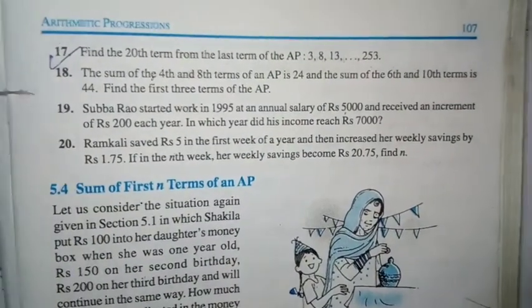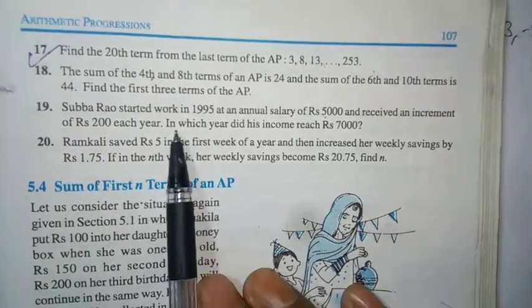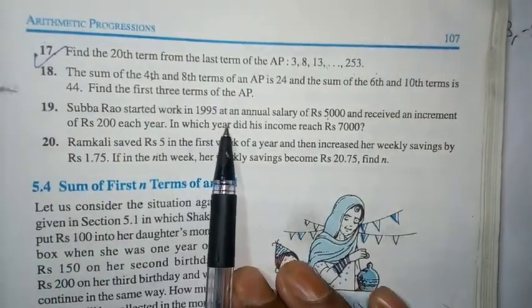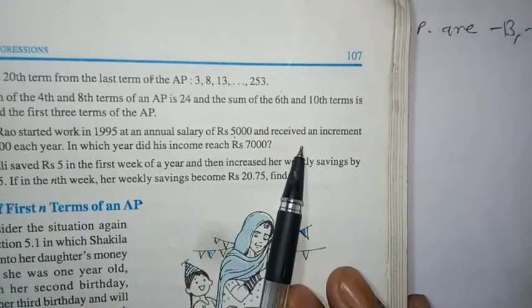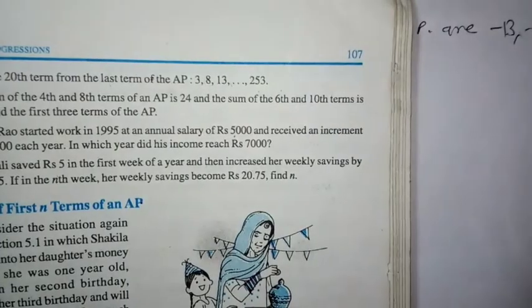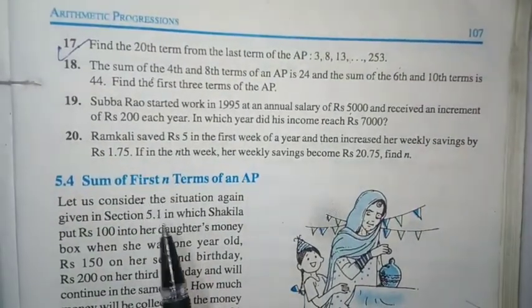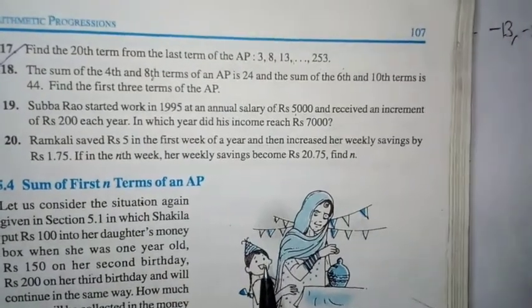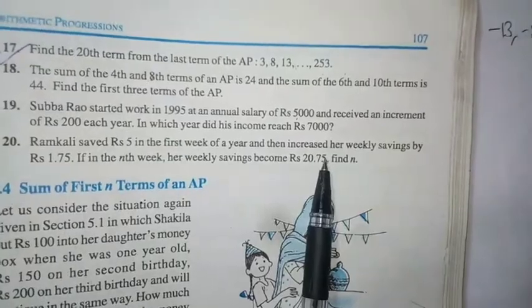Now the next question, question number 90, says Subba Rai started work in 1995 at an annual salary of rupees 5,000 and received an increment of rupees 200 each year. In which year did his income reach 7,000?